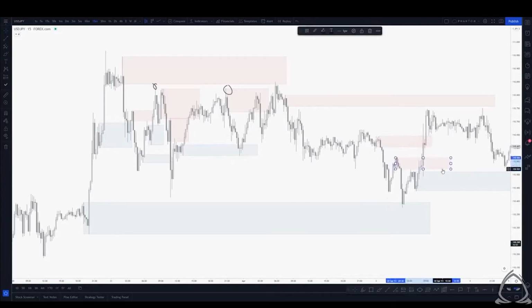Again, we're going to build on this sort of knowledge. We're going to be able to understand what these supply and demand zones mean, what happens when a supply zone is broken or when a demand zone is broken, what the significance of a return back to a zone may imply. All of these building blocks we're going to build on, but at this point, the main and primary focus you should have is just getting comfortable mapping out supply and demand zones.